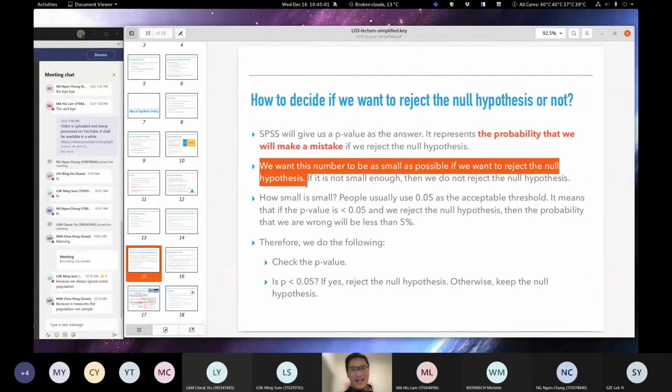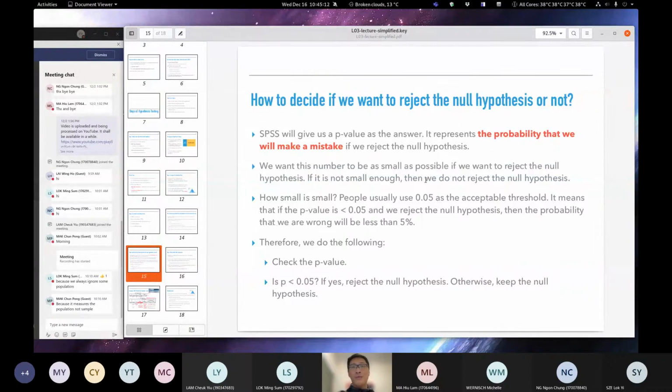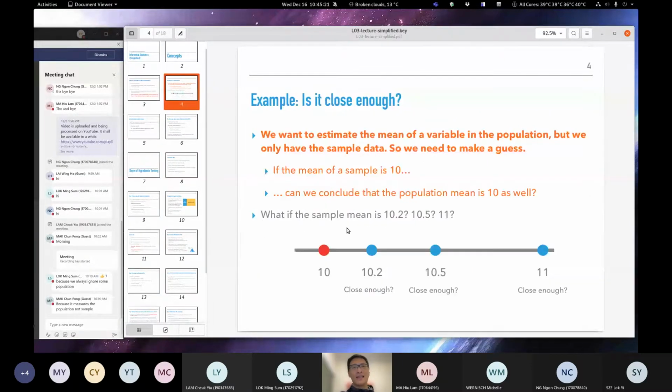If there is a very large probability that I might be making a mistake, then I probably do not want to do it. Okay. If it is not small enough, then we do not reject the null hypothesis. Now, and then we come to this question again, how small is small? Just like in here, we ask how close is close.